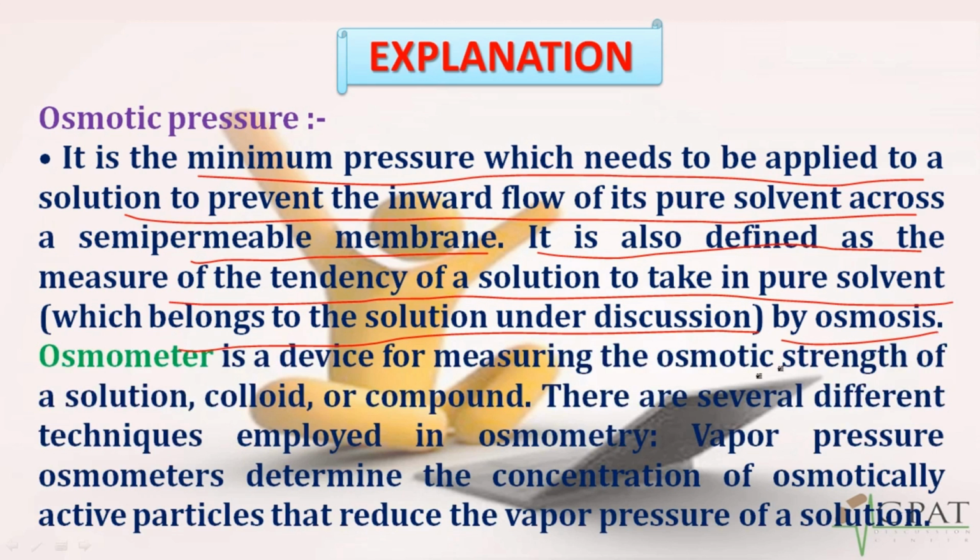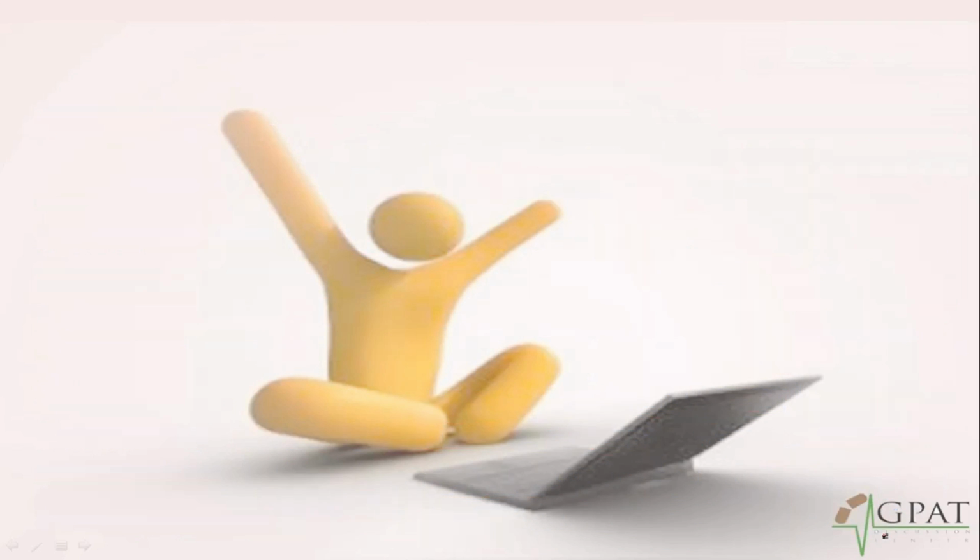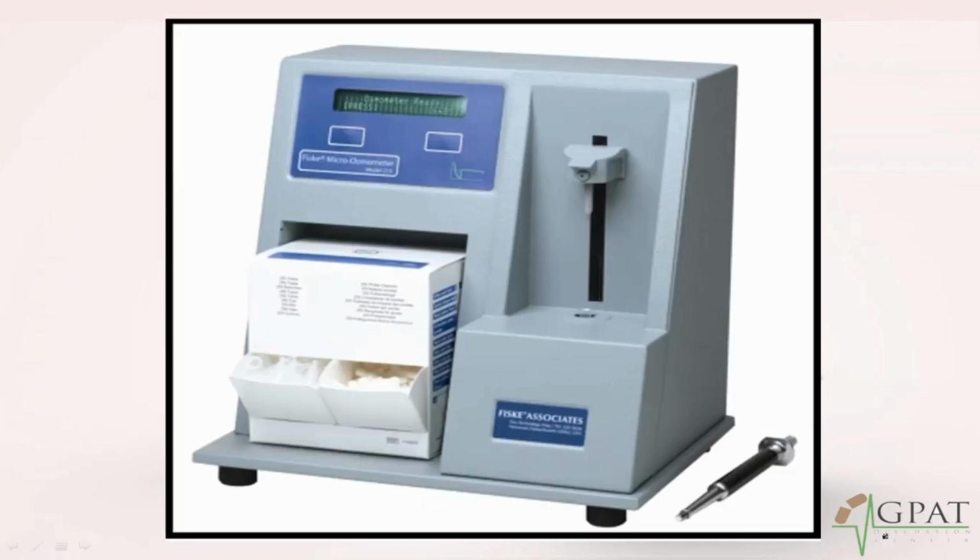Osmometer is a device for measuring the osmotic strength of a solution, colloid or compound. There are several different techniques employed in osmometry. Vapor pressure osmometer determines the concentration of osmotically active particles that reduce the vapor pressure of a solution. You can see here, this is the osmometer.